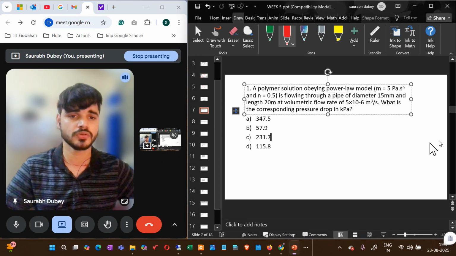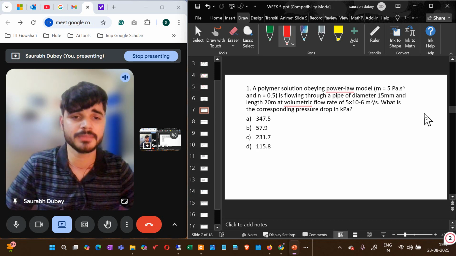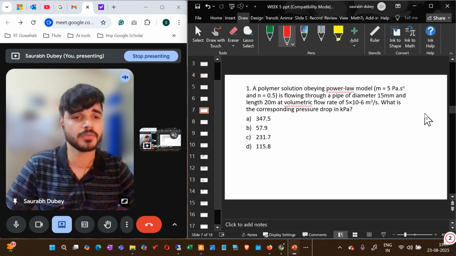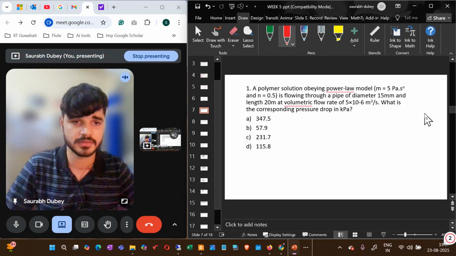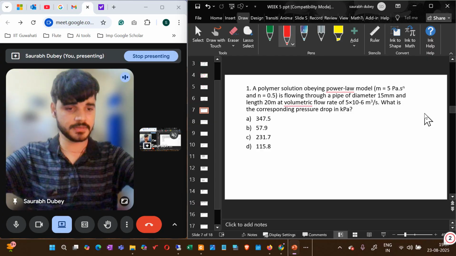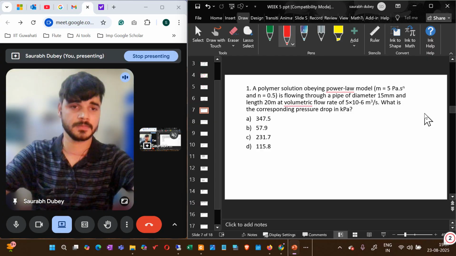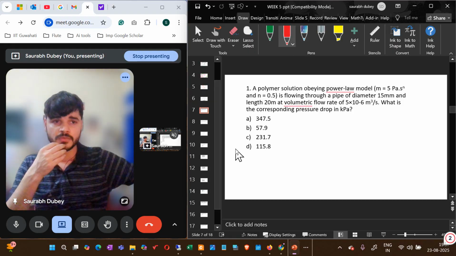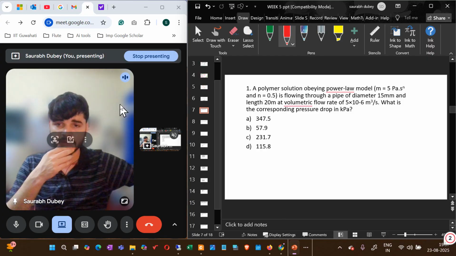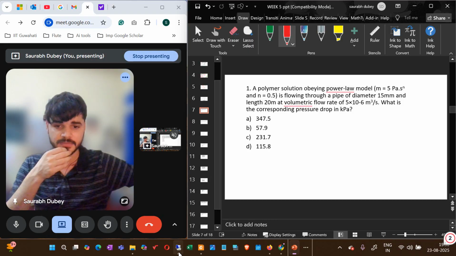Okay, so the question is a polymer solution obeying power law model m equals 5 Pascal s^n, right? We just have this here. If things are okay, let me just see if there is no reminder.